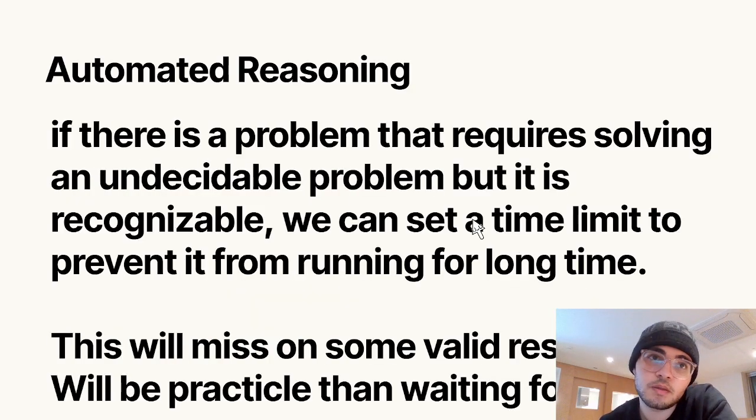There is another way to work around this, which is to have a time limit to prevent it from running for a long time. Because even if it's decidable but takes 100 years, it's not really practical. So let's say we have a time limit of 1 minute to solve the problem. If it doesn't finish, then we reject it. It's kind of a way to solve undecidable problems. Yeah, that's all. Thank you.